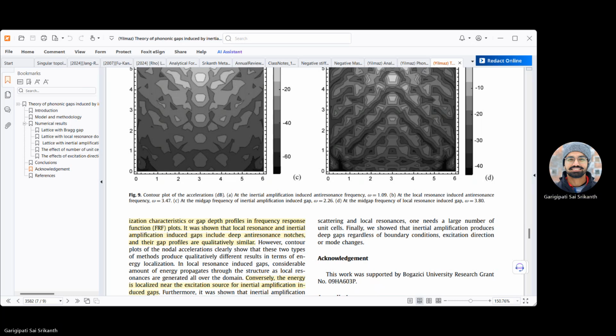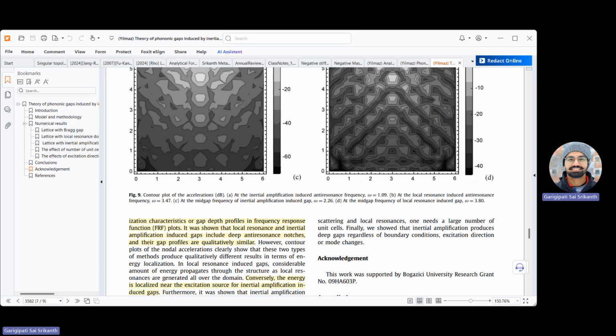So what this points to is the question: is inertial amplification different from Bragg and local resonance, or is it the same? It turns out it's totally different from both.